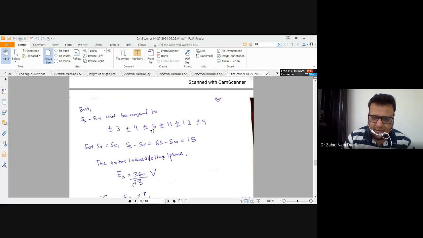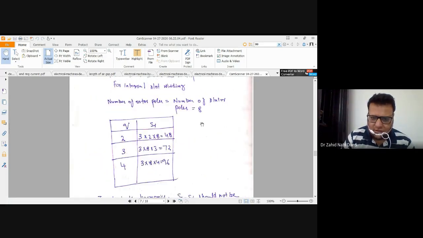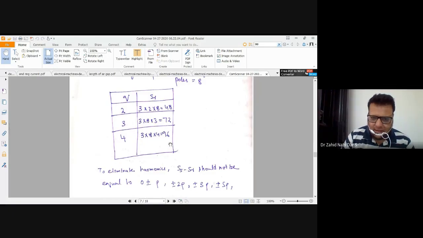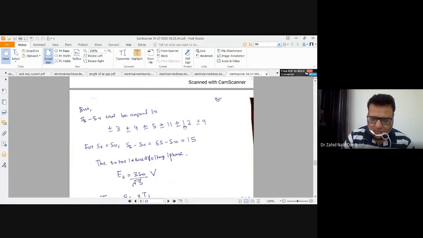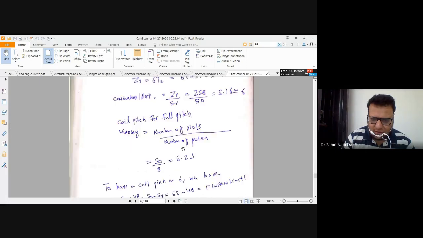If you write 61, 65 minus 64, no problem there, but usually odd numbers we avoid. Even only we need. 65, 62, so 3, that also you can write. So the maximum value you can write for this is around 62. You have to keep this difference in mind. Here I have taken the lower value.